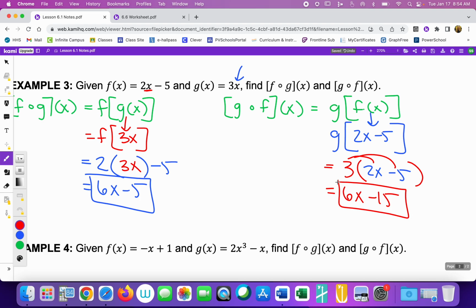So these were very basic. Are there any questions? Okay. So again, I would write it in this notation, because then you replace the inside function with its function, plug that function into the one on the outside. Okay? Yes.